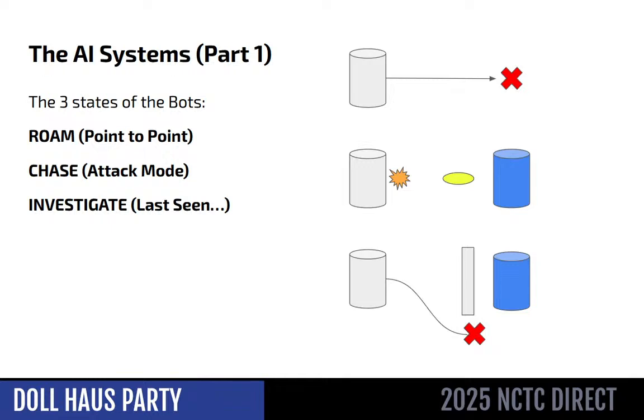But all of these bots have 3 different states that they can enter while in the game: the roam state, which is patrol mode, basically going from point to point; the chase state, which is attacking the player; and the investigate state, where they go to the last point that the bots have seen the player.